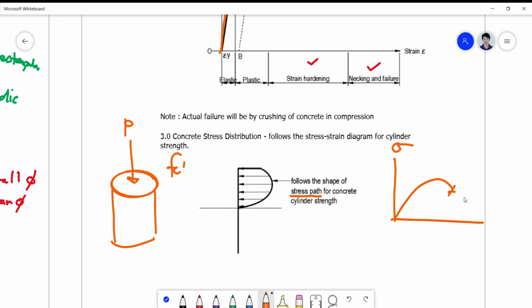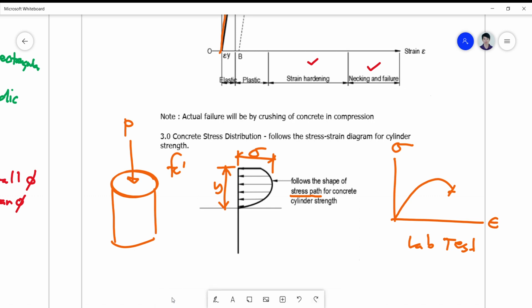So this is a lab test, and whatever is the shape of this will follow the shape of this. This is stress versus distance. The distance is represented by a unit strain, and the stress here is represented by the stress here. So this is another assumption used by the ACI for flexural members.